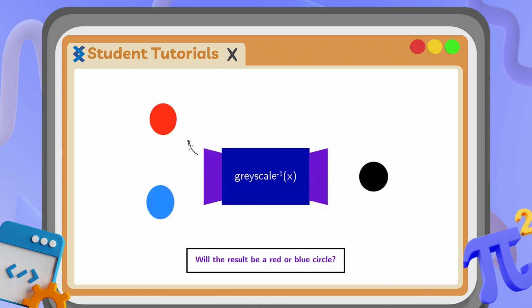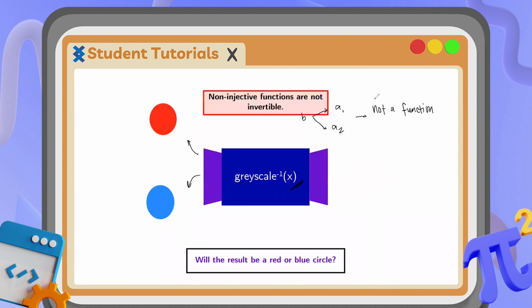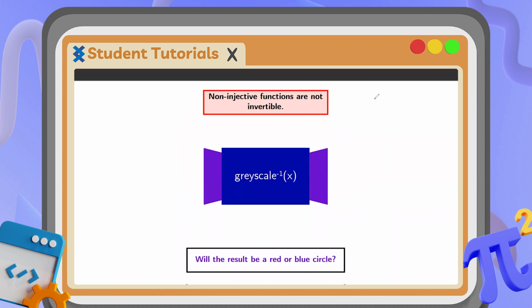Notice how some input is mapped to two outputs. And since this, by definition, is not a function as we observed earlier, this grayscale inverse function is not a function, which would mean one thing, that non-injective functions are not invertible.